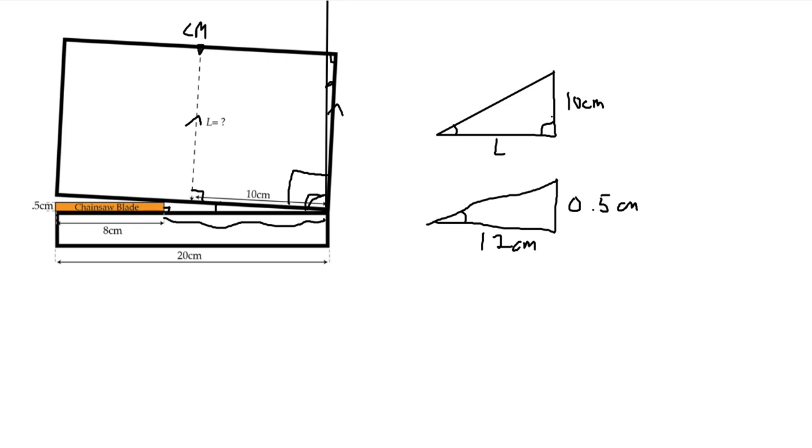Now we know our proportions: 10 to L is equal to 0.5 to 12. After solving, we get that L is equal to 240 centimeters, and that is what the problem is asking for.